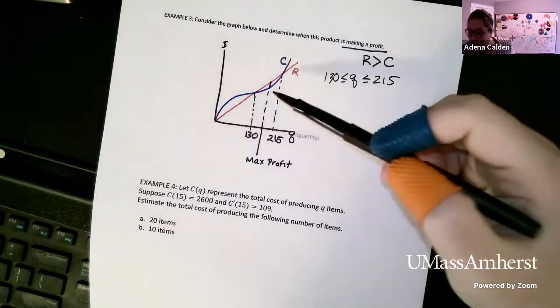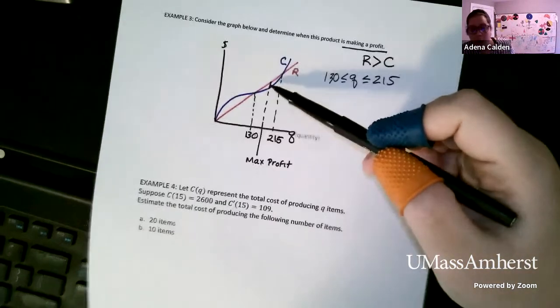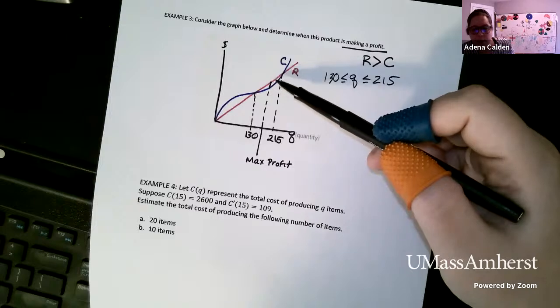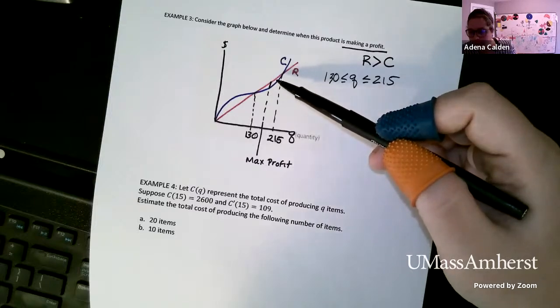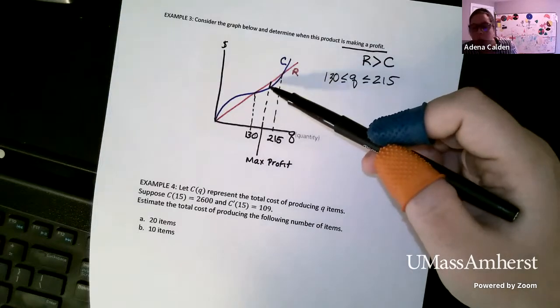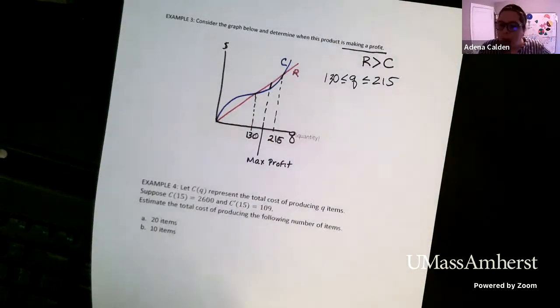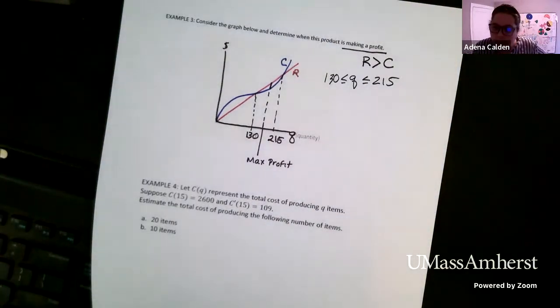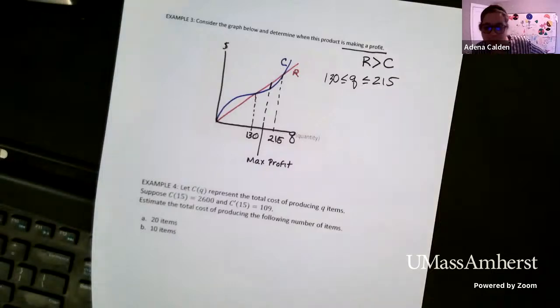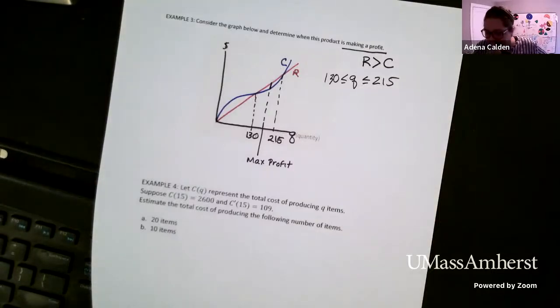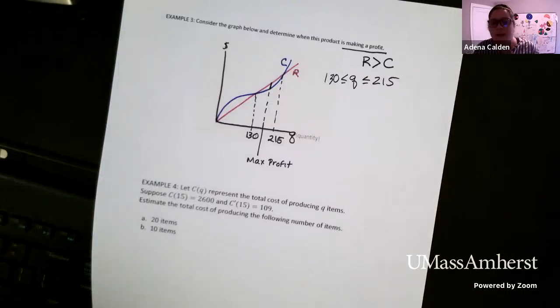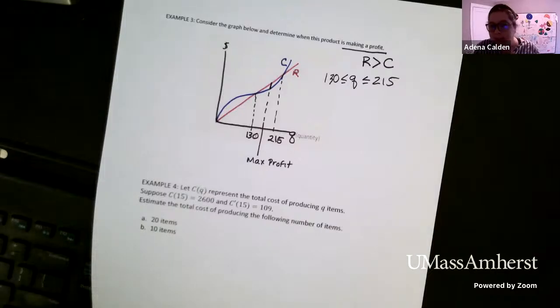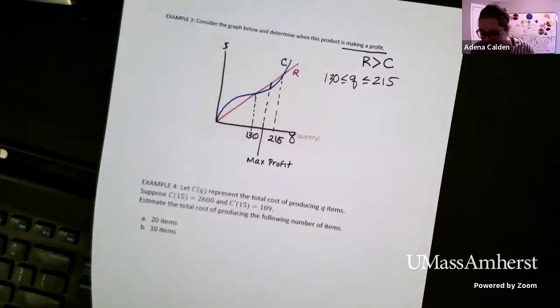So if the difference here is like $100 profit, then the difference over here might only be $30 profit. That's not as good, right? So within making a profit, there are better places to be than others, okay? Now, that being said, one of the things that's going to come up for us throughout the course is, how do we decide if we should make and sell more of an item, okay?